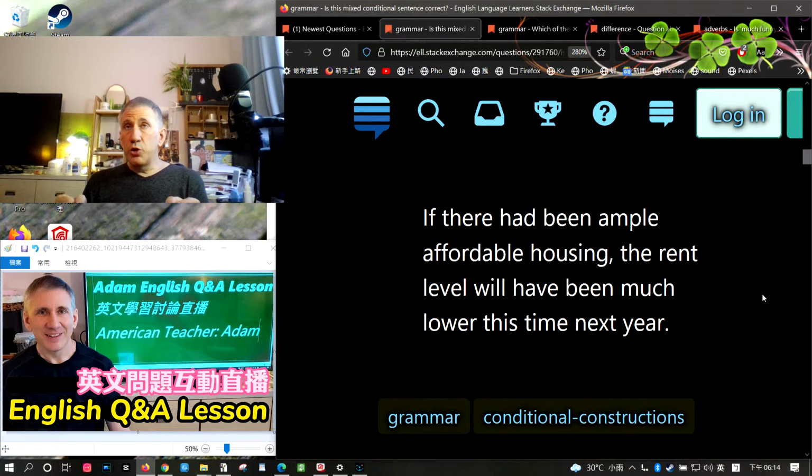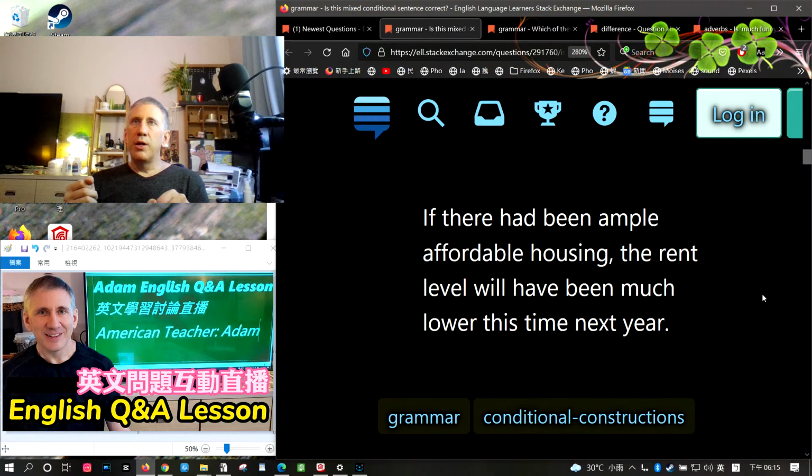Next is the type 2 conditional, which is used for things that are not so likely to happen in the future, that are unlikely to happen in the future. And in the type 2 conditional, we use past simple in the if clause, and the modal verb would in the main clause.